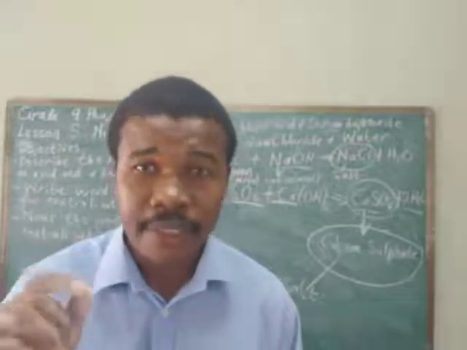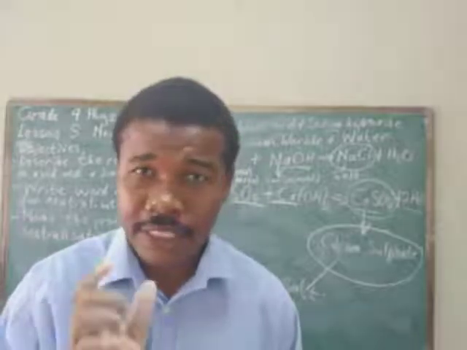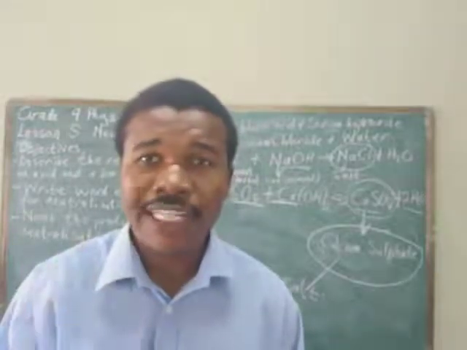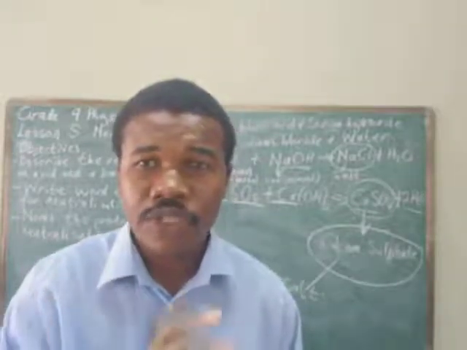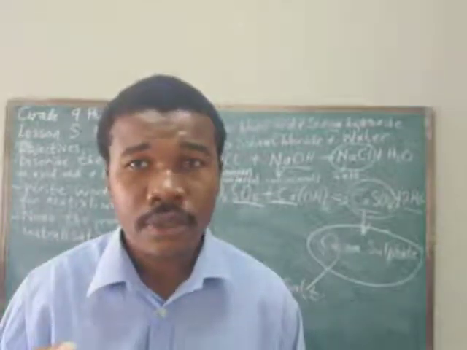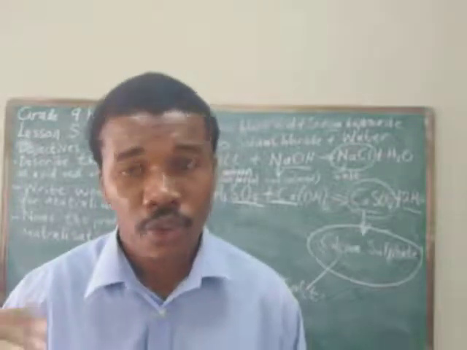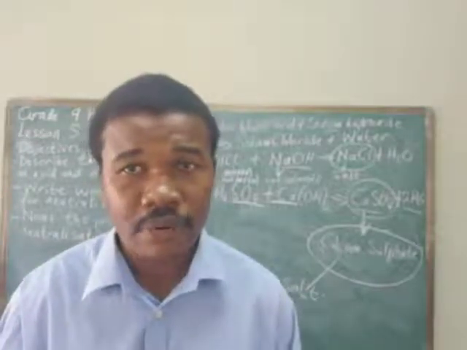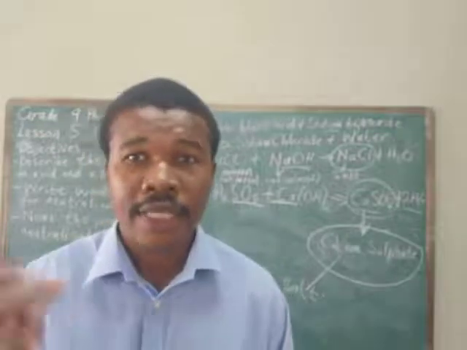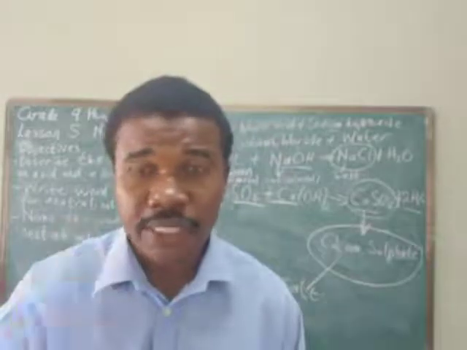I need you to listen, and then you'll write them yourself. Which acid would you react magnesium hydroxide with to produce the salt magnesium sulfate plus water? That is going to be your work, and those are the answers that I will expect to hear you giving me.